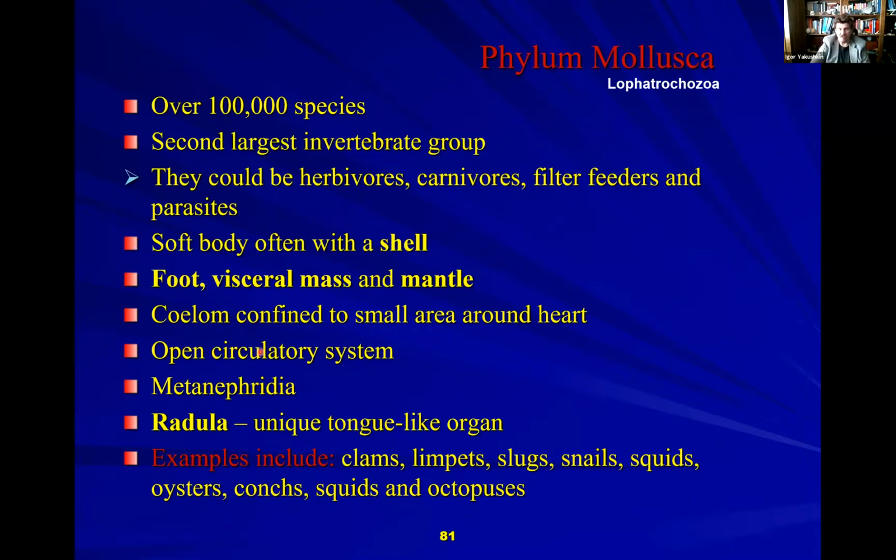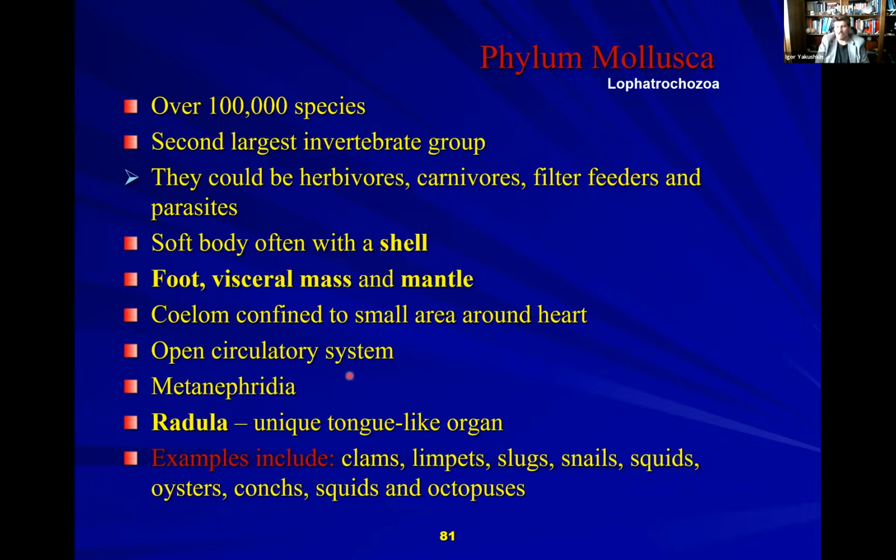So metanephridia, and again, we'll talk about that in much greater detail when we discuss the excretory system in animals, about a month or so from now. But any kind of excretory system is a network of tubes, like our kidneys, right? That's the main organ of the excretory system of humans, and invertebrates have a network of tubes, and we'll discuss that.